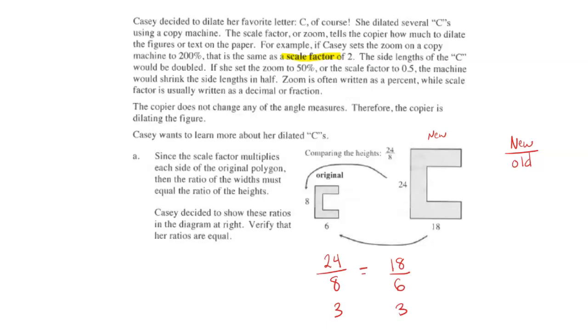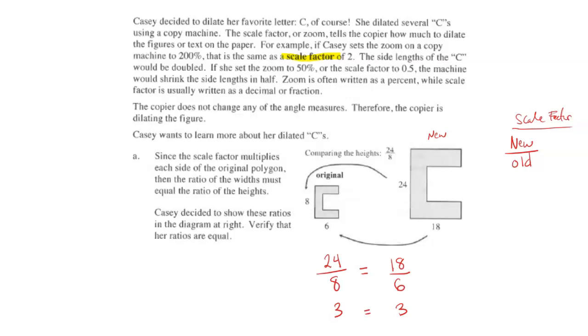So your ratios are equal. Going from my original to my new, it looks like this triples my side. This is how we find our scale factor, also known as our dilation: we take our new figure height divided by our old figure height.